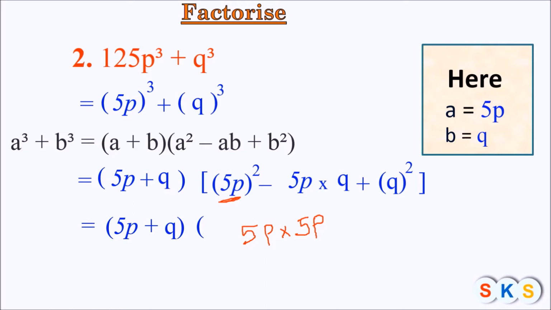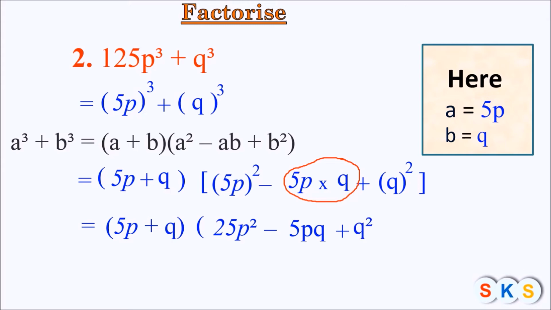So what we will get 5p the whole square? We will get 25p square. So we will write here 25p square minus, after that what it is? Here we have 5p into q, and 5p into q gives us 5pq plus q square. Last term is q square. Okay, so q square we will get here q into q, that is q square, close the bracket.